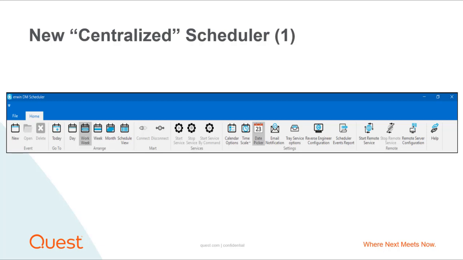You can configure multiple remote machines as servers and set up jobs to run in parallel on those servers. This centralized scheduler capability saves time and provides improved performance by distributing RE jobs across multiple servers.